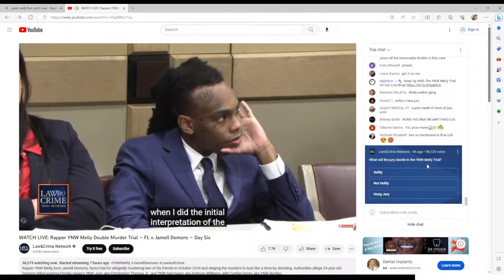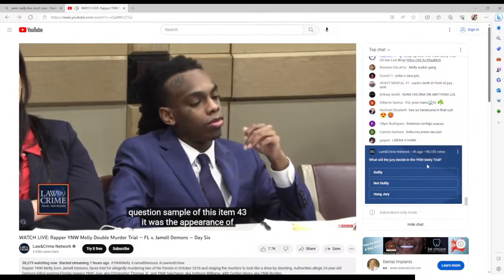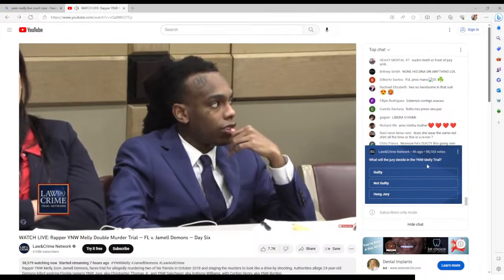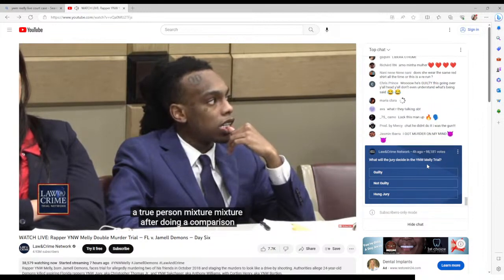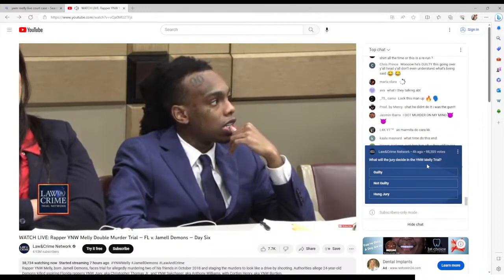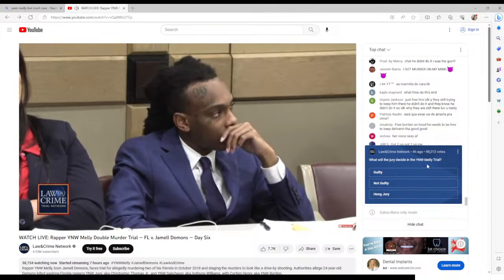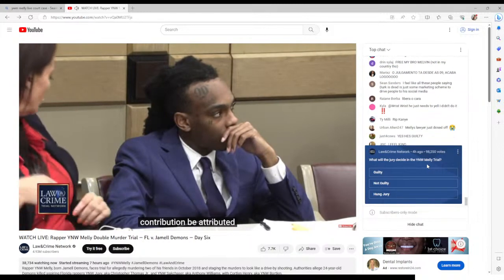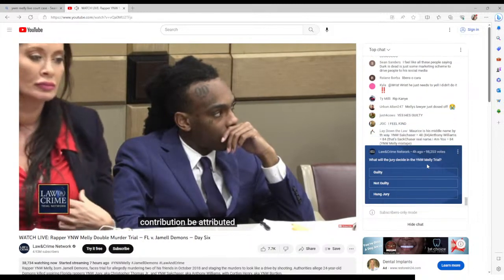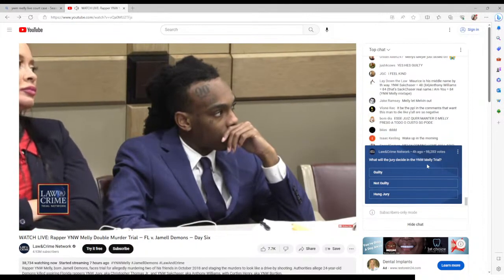When I did the initial interpretation of the questioned sample of this item 43, there was the appearance of a 2-person mixture. After doing a comparison to known standards and doing the likelihood calculation, the result was essentially unintuitive. There was a lot of contribution being attributed to an individual, but then it resulted in an exclusionary likelihood ratio.